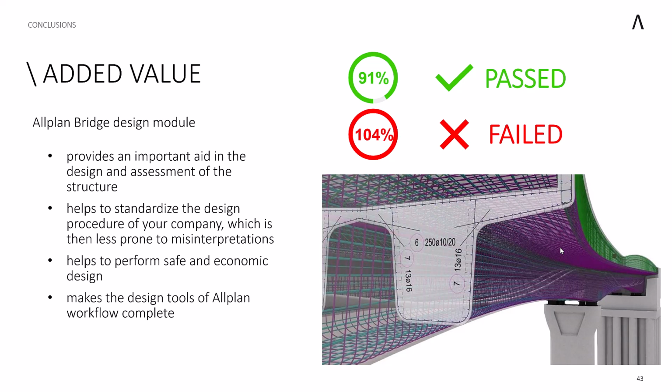It helps the engineer to understand the sectional behavior and to perform safe and economical design. Finally, in combination with other Allplan programs, the module can verify the amount of reinforcement for reinforcement drawings, which makes the design tools complete.